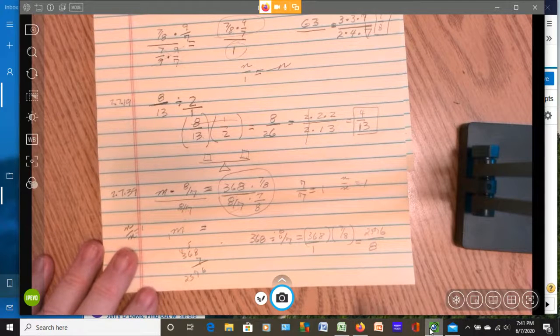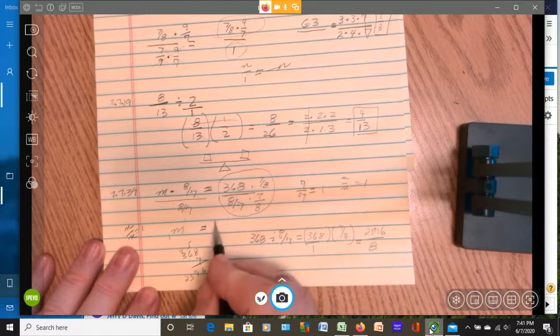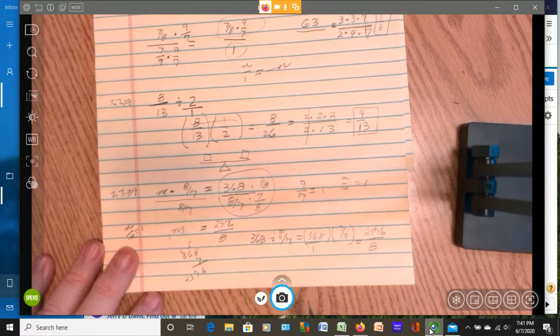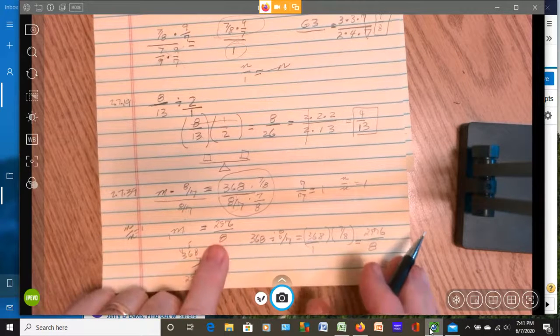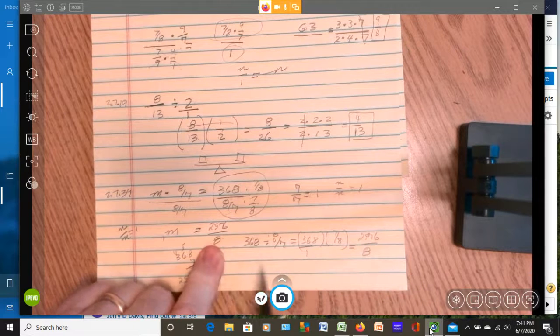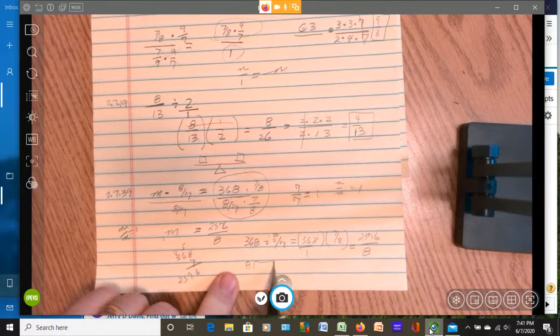You say, well, where are we? Where we are now is we think m is 2576 over 8. Math Excel's not going to like that answer, so let's finish off and divide 8 into 2576 and see what we get.